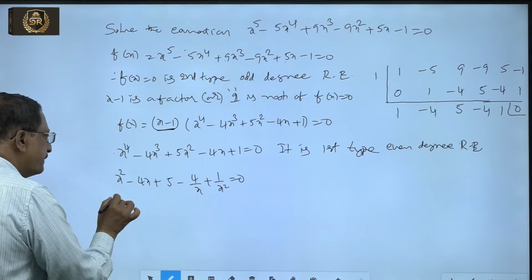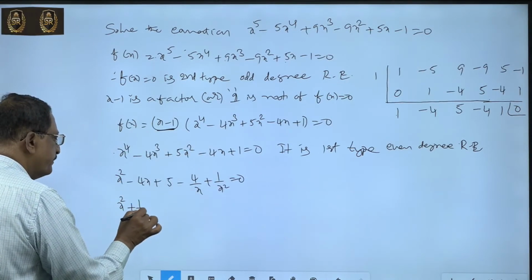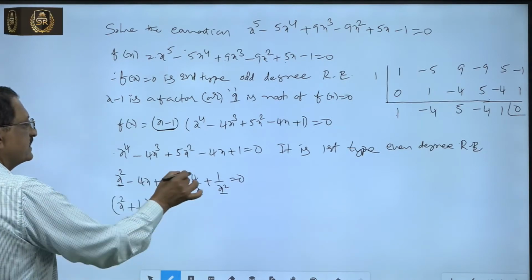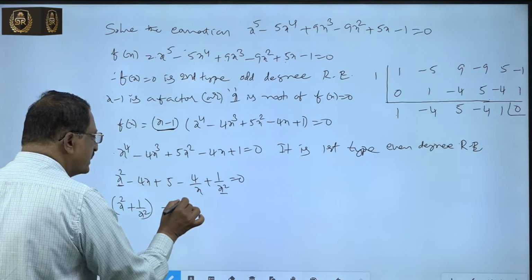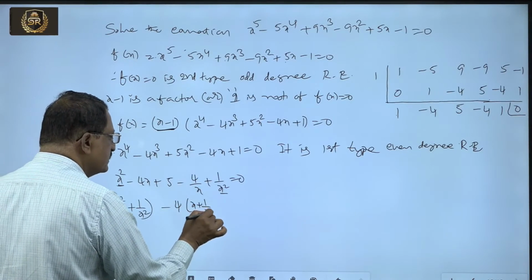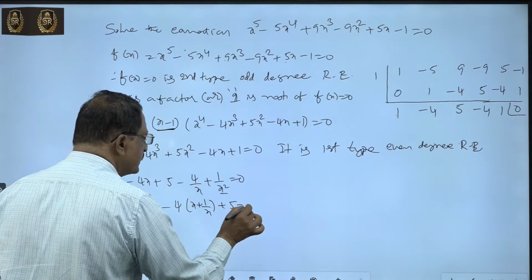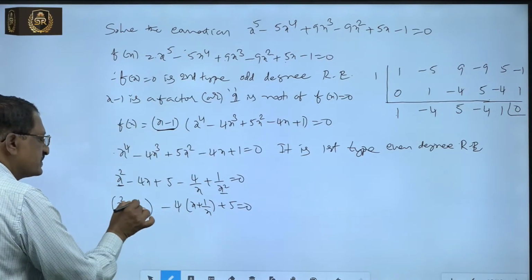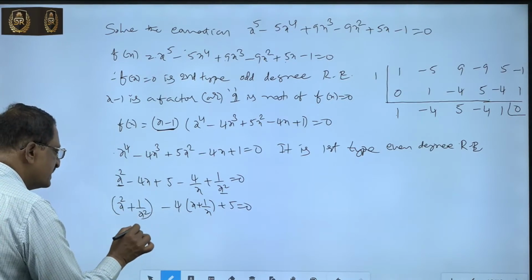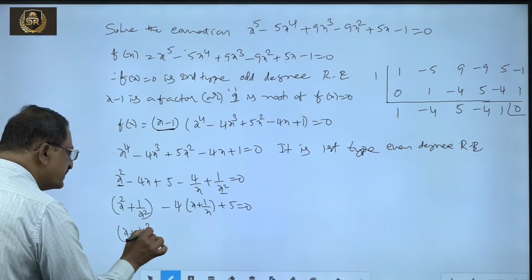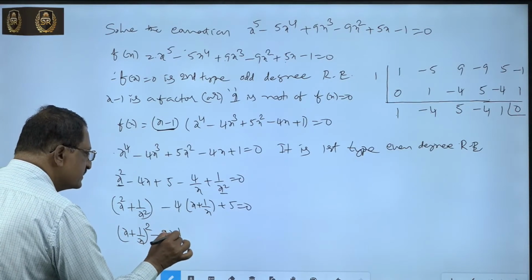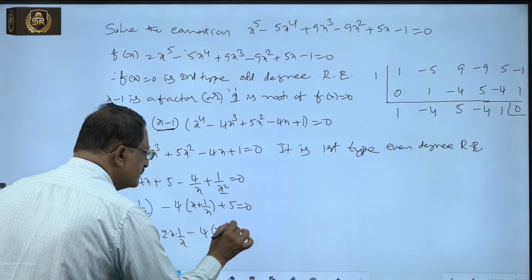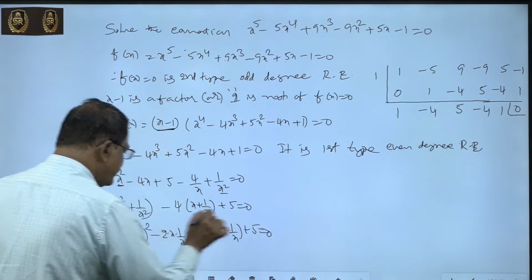Now, x square plus 1 by x square, the first term and last one, and minus 4x and minus 4 by x, minus 4 is common: x plus 1 by x, plus 5 equals 0. Now, x square plus 1 by x square can be written as x plus 1 by x whole square minus 2 into x into 1 by x, minus 4 of x plus 1 by x plus 5 equals 0.